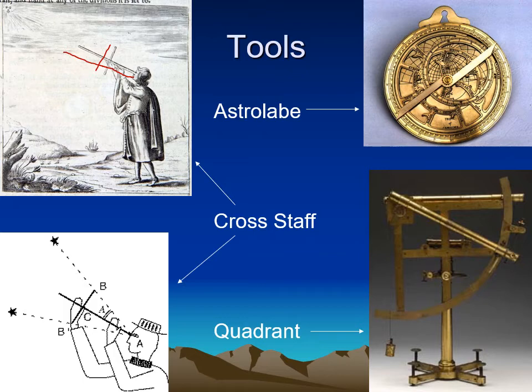The way you'd use the cross staff is that you would line it up so that you see, there and up there, two stars, and by knowing that separation and that distance right there, you can do a little trigonometry and calculate the angle.